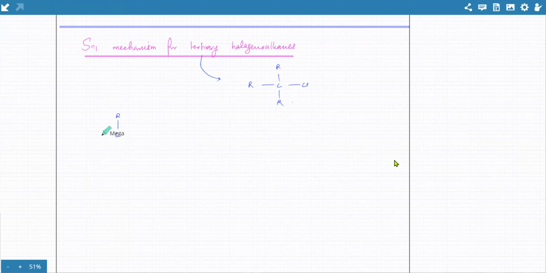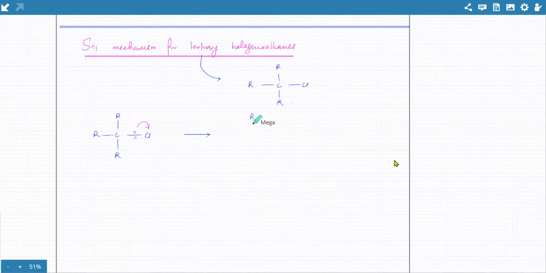So the mechanism for this reaction is going to be like this: in the first step, the OH ions are not going to play any role. The C–Cl bond would break on its own. That would result in the formation of a carbocation with R groups and a positive charge, and the Cl minus one has broken off.